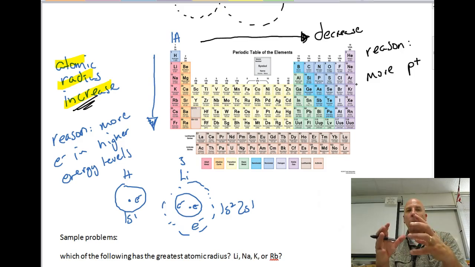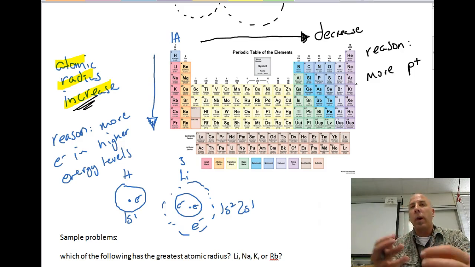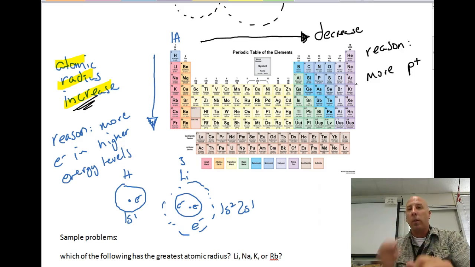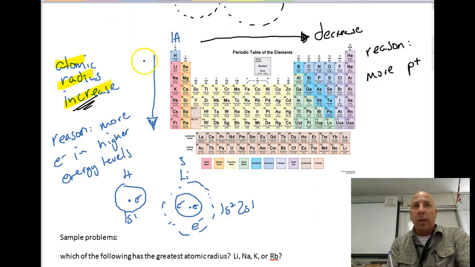That nuclear charge increases with positively charged protons, and it pulls the electrons in tighter, because essentially the electrons are not being placed in higher energy levels, they're being placed in the same exact energy levels. So again, increase down, decrease to the right.